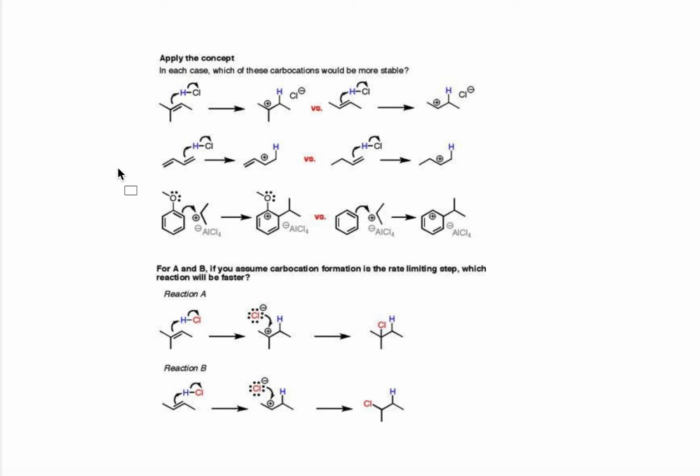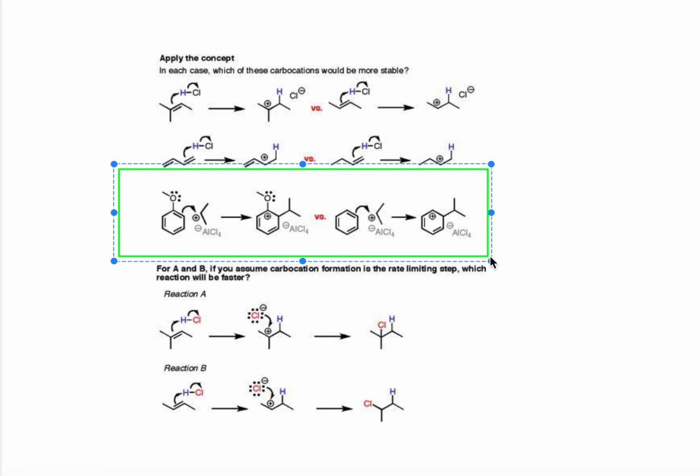Now come to the third example, where we have the same carbocation, isopropyl carbocation, reacting with two different reagents. In the first case, methoxybenzene, or you can say anisole, reacts with the isopropyl cation to produce a secondary carbocation.